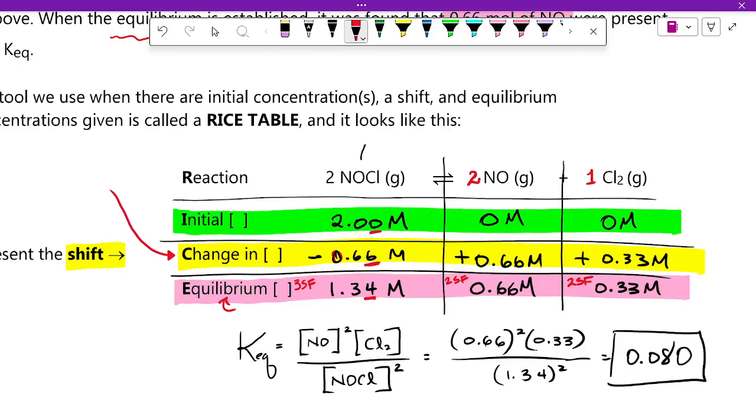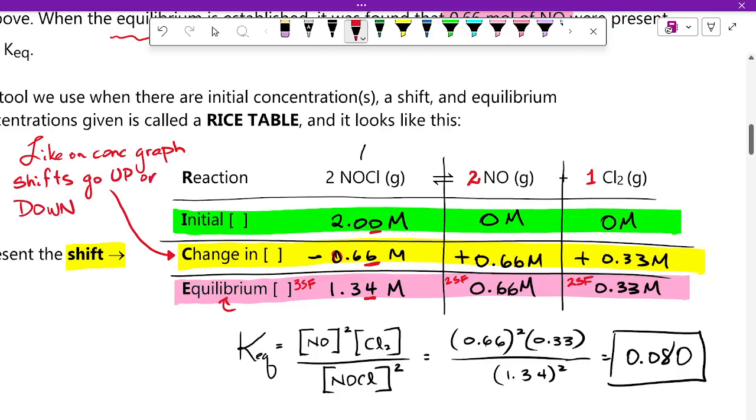Okay, so the change, that is the shift. And just like on our concentration graphs, your shifts go up or down by x or 2x or 3x. These are similar.